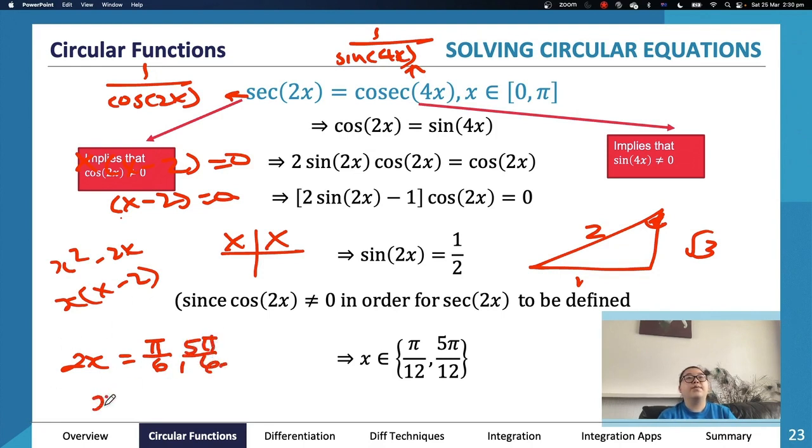So therefore we'll have x equal to pi on 12 and 5 pi on 12, right? So from there we can take it from there, 5 pi on 12 and pi on 12. But if it wasn't in the domain, we can always add or minus periods to really get it in there.